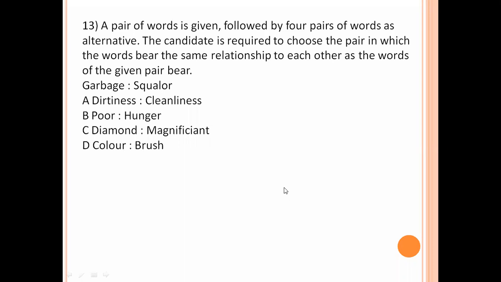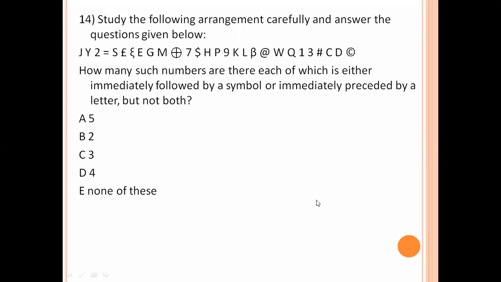Next. Study the following arrangement carefully and answer the questions given below. J, Y2, this series is given. How many such numbers are there, each of which is neither immediately followed by a symbol nor immediately preceded by a letter, but not both?